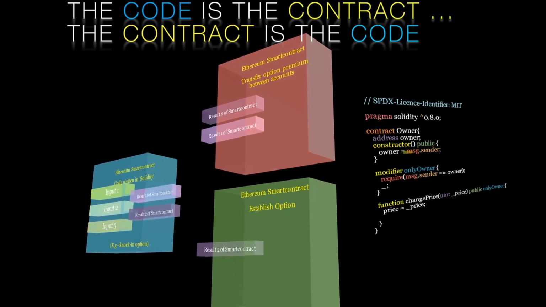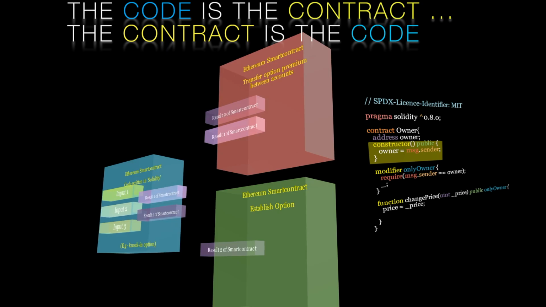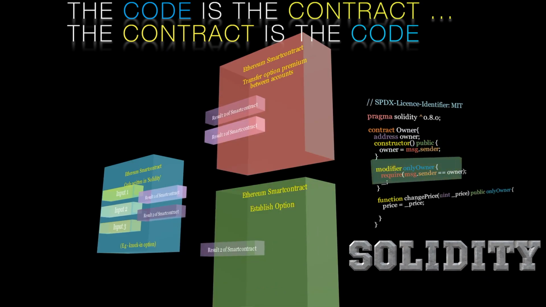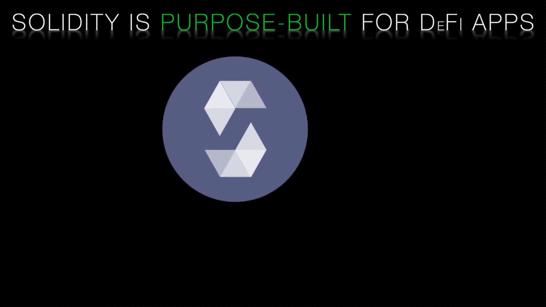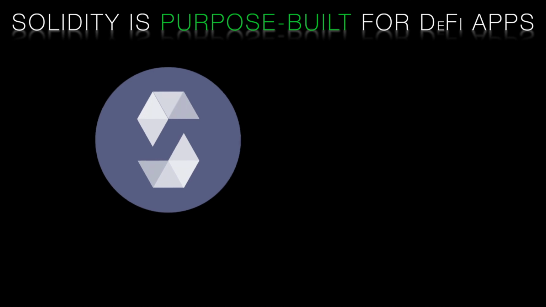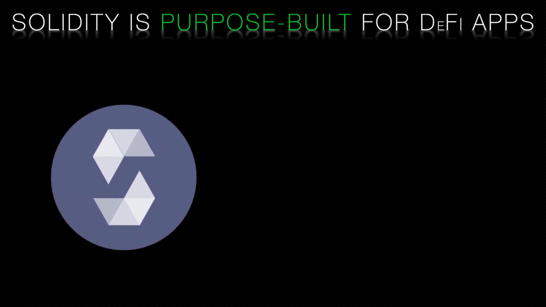Ethereum has created a special purpose programming language for this distributed supercomputer. This language is called Solidity. In this video, we will explore the key concepts of the Solidity language. These are the native features that make it suitable for developing decentralized financial applications.